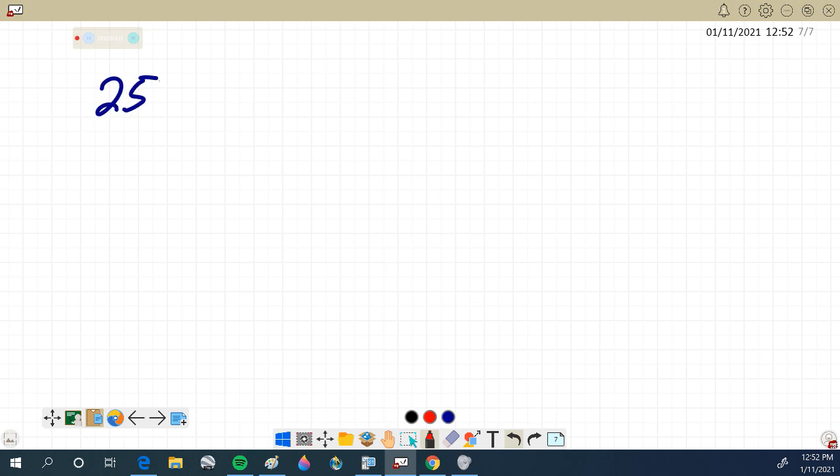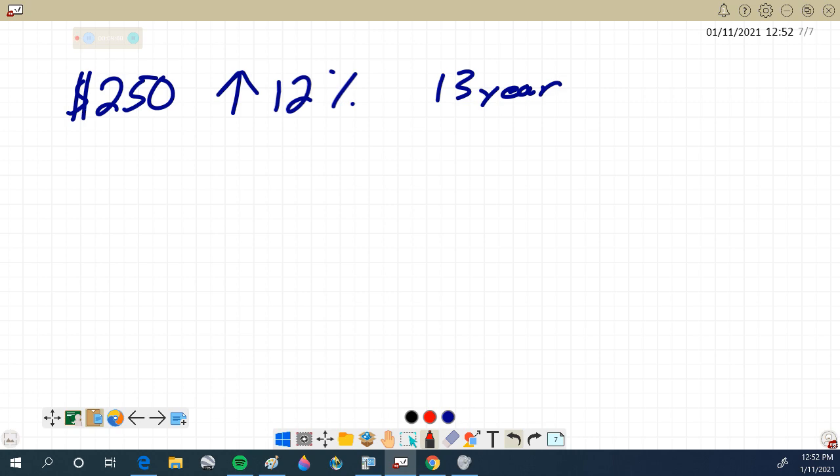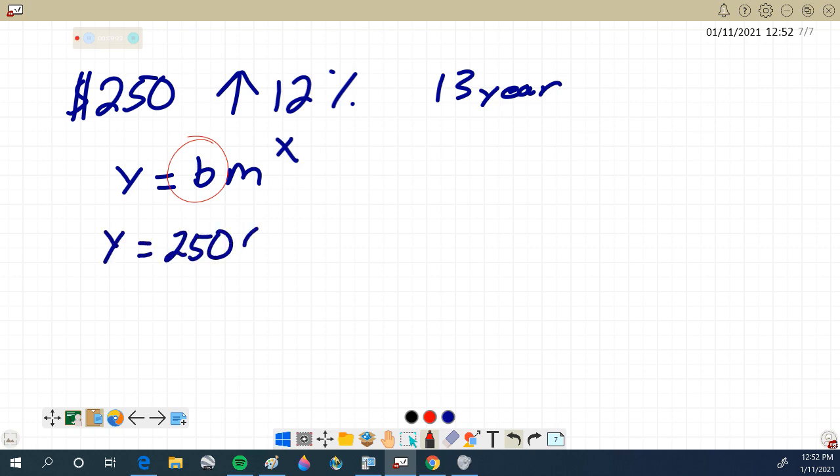What if I had $250 and I wanted to go up 12% for 13 years? So y equals b times m to the x. This number is always the starting amount, 250. How do you go up 12%?